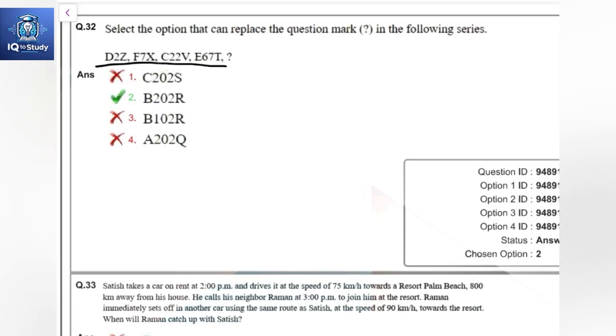Select the option that can replace the question mark in the following series. The series is given as D2Z, F7X, C22V, E67T.